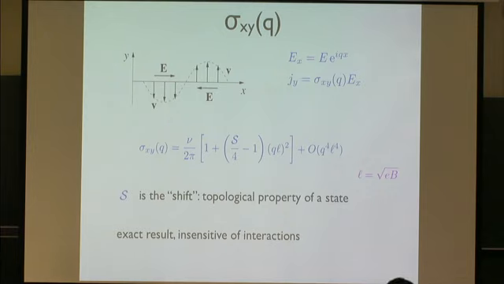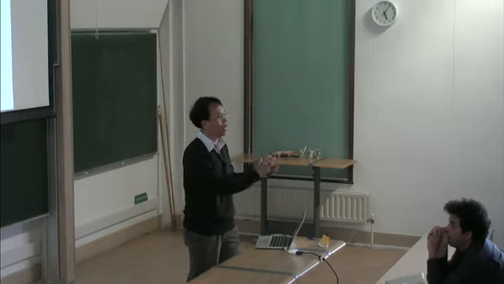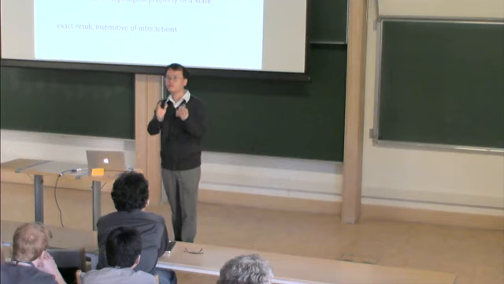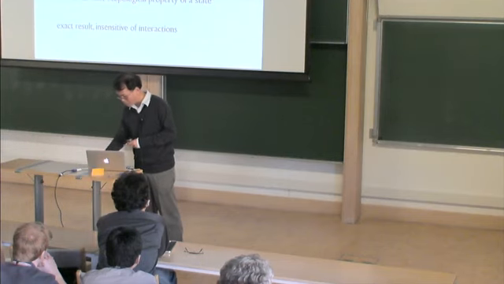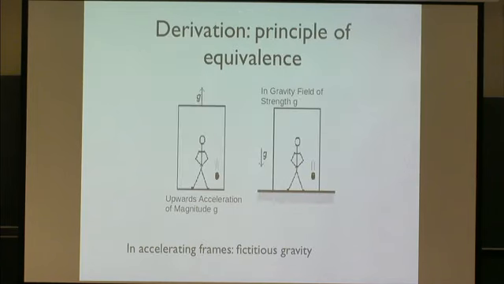On one side of the equation we have dynamical information, on the other side topological information. So how do we derive this relationship?